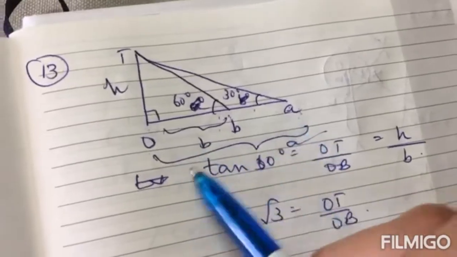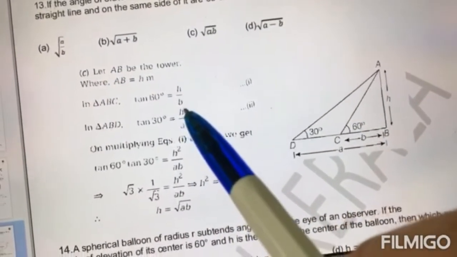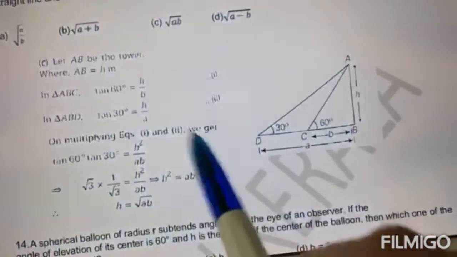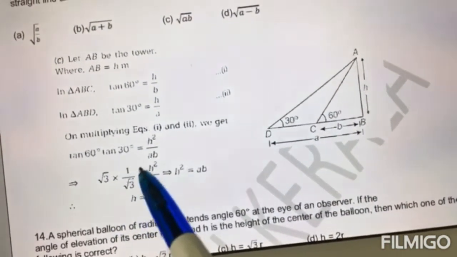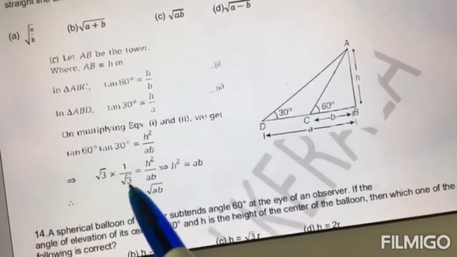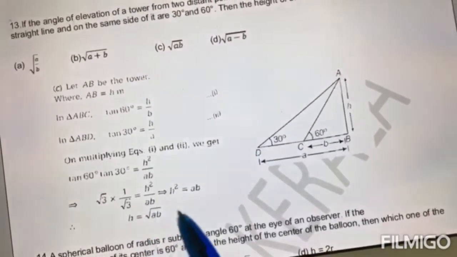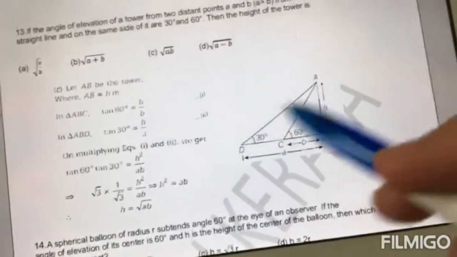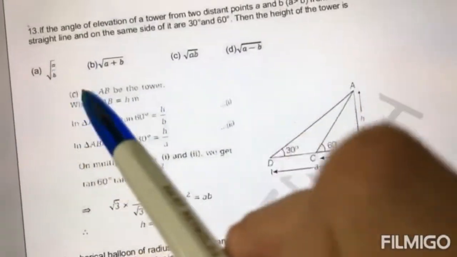Let this be B and let this be A. So tan 60 is equal to perpendicular divided by base, which is h by B. Tan 30 is equal to h divided by A. When you multiply both equations, you will get tan 60 into tan 30 is equal to h square divided by AB. What is tan 60? Root 3 into tan 30, which is 1 by root 3, which is equal to h square divided by AB. Therefore, h is equal to root of AB. That's how you get it. Sometimes when you solve the problem, even though your answer may be correct, maybe it is not reflected here.